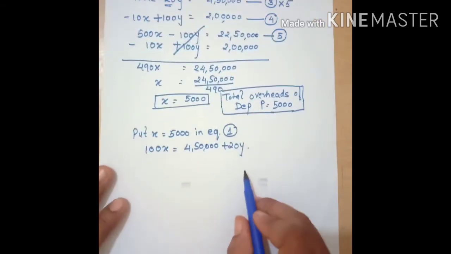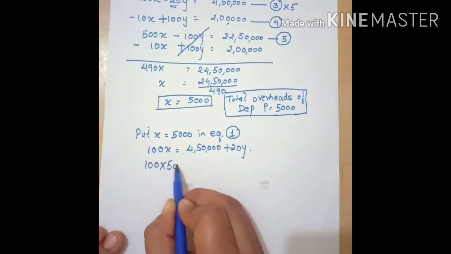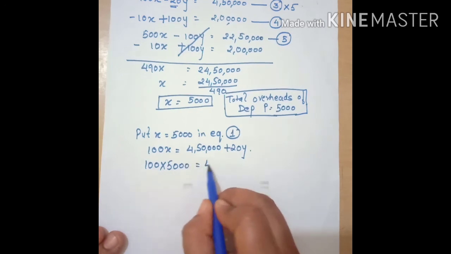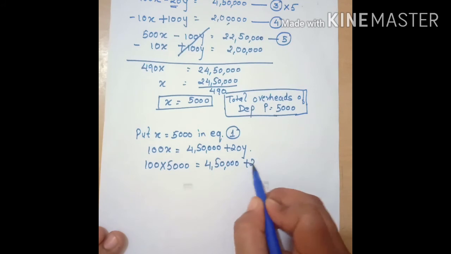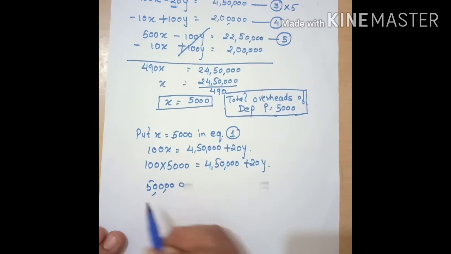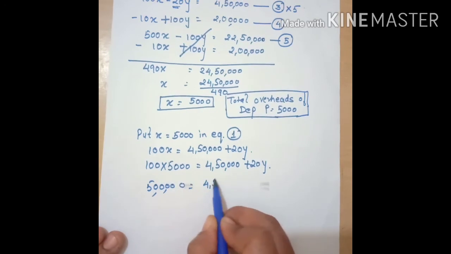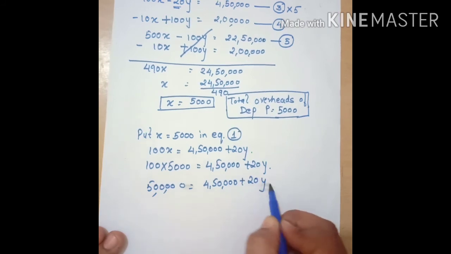So 100 into 5,000 is equal to 4,50,000 plus 20Y. So here it will come 5 lakhs is equal to 4,50,000 plus 20Y.